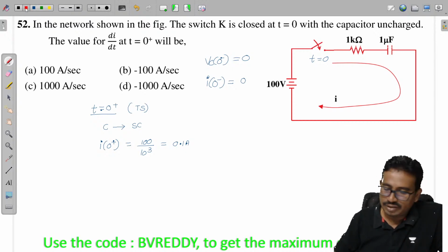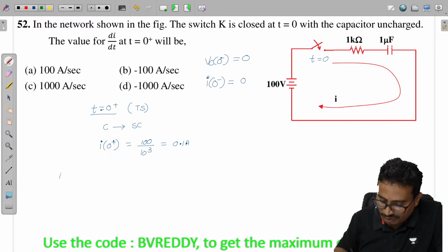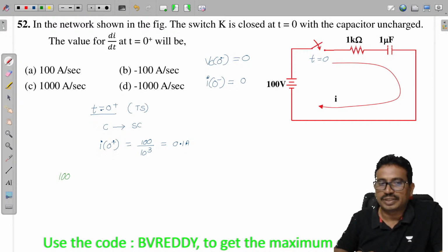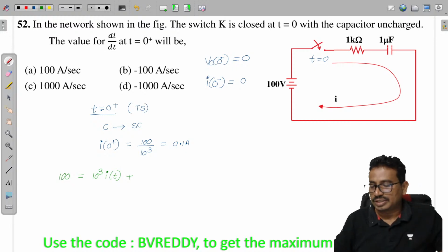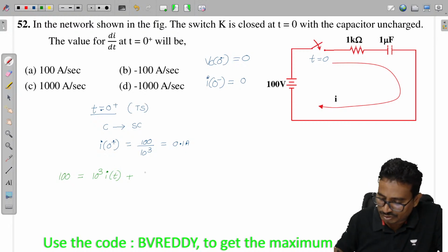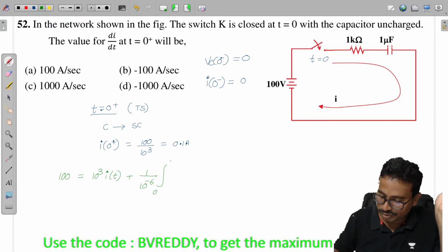Now if we write the KVL in this loop, what will we get? 100 is equal to 10 cube into I of t, plus the voltage across the capacitor, which is 1 by C, that is 10 power minus 6, times the integral from 0 to t of I dt.